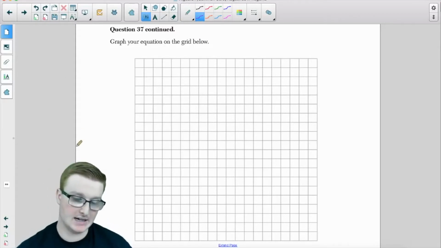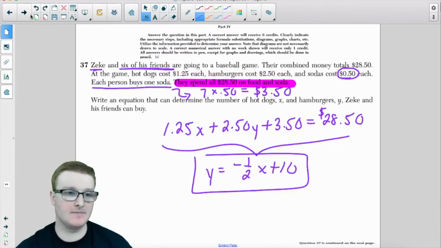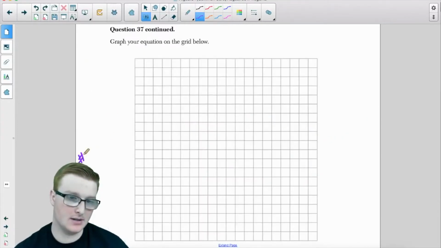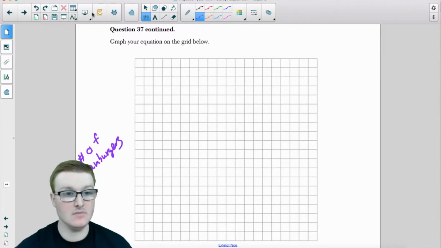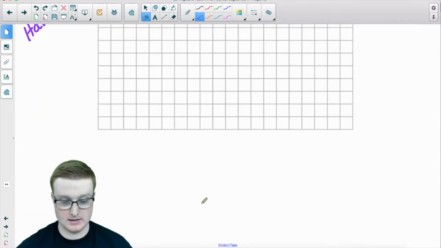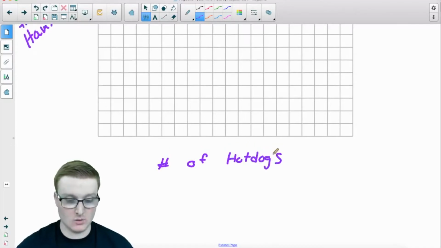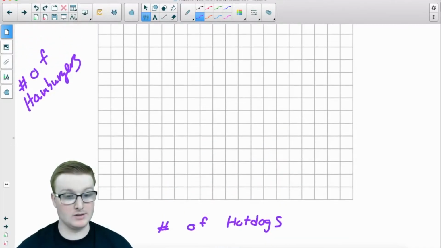So on the side here, since this is the y-axis and they tell you that hamburgers is y, this is going to be the number of hamburgers. Down here, this is going to be the number of hot dogs. Okay? So, I'm just going to count by ones again, but I'm only writing the 2.